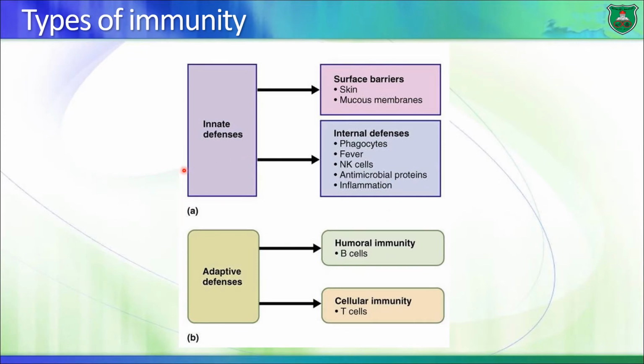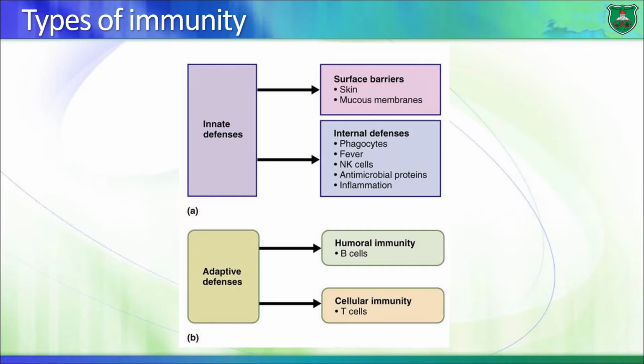So we can divide types of immunity into 2 types. We have the innate, non-specific immunity, and we have the adaptive immunity as well. The innate immunity is basically not specific. It includes skin, and it includes phagocytic cells that eat everything that is foreign.